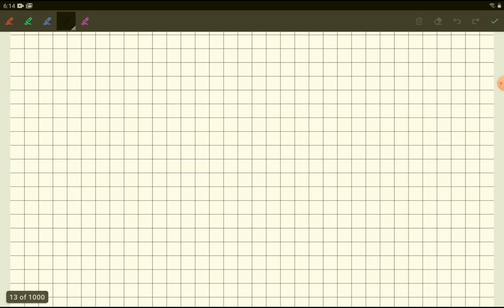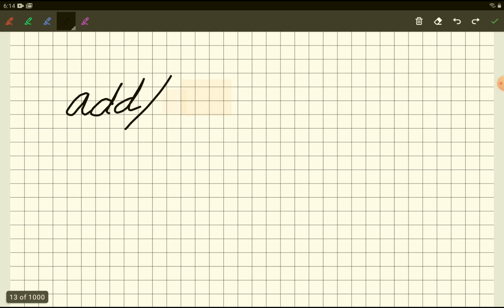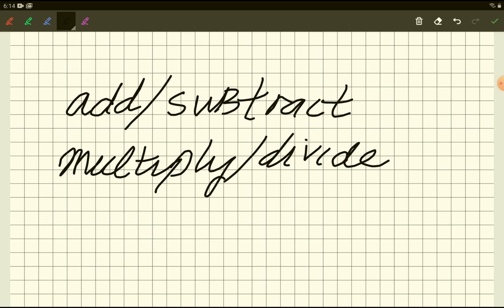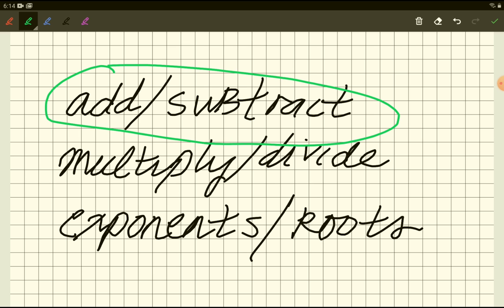But it is important to know that just like adding and subtracting, multiplying and dividing, exponents and roots, all of these are opposites.